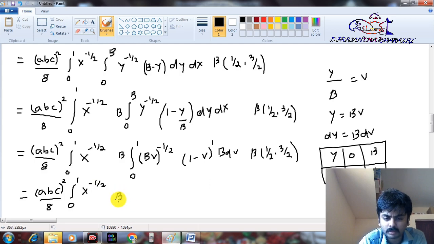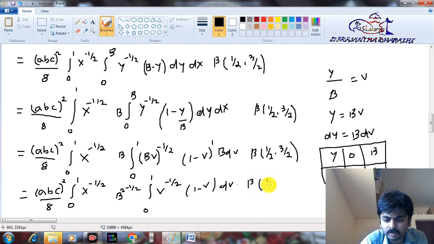Okay, b power 1, then this is b power 1, 1 plus 1 is 2, 2 minus 1 by 2 is 3 by 2, into integral 0 to 1 v power minus 1 by 2 1 minus v into dv into beta of 1 by 2 comma 3 by 2.